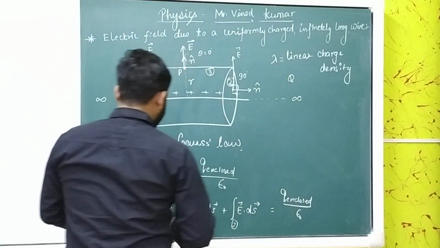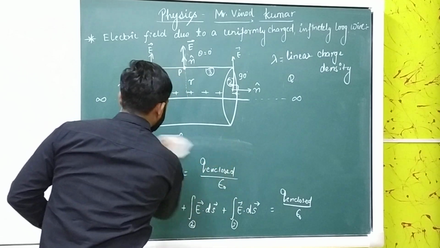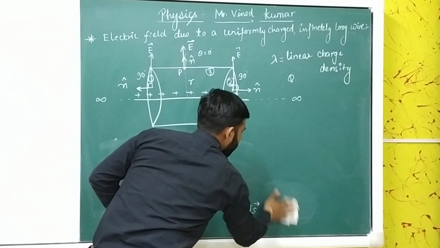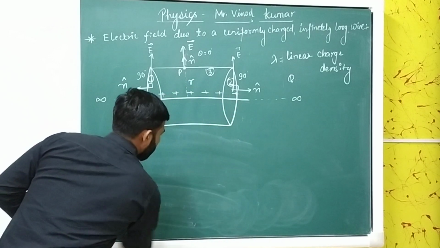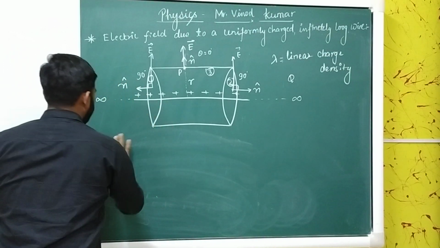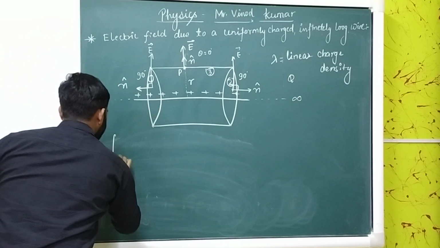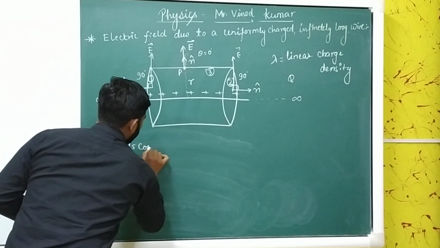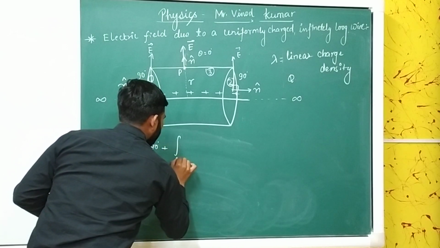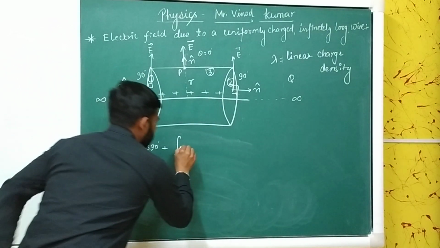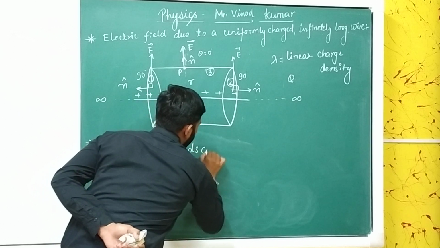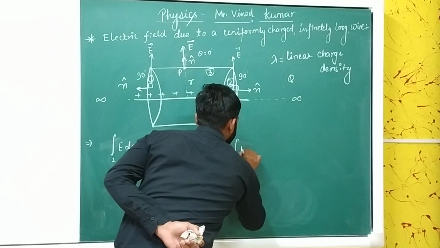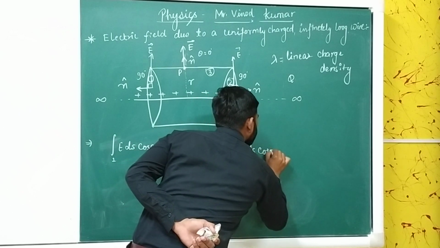So now let us write for the first surface it is E ds cos 90 degree, plus for the second surface it is E into ds cos 90 degree, plus third is E dot ds into cos 0 degree.